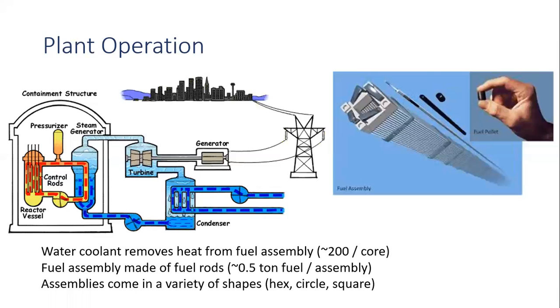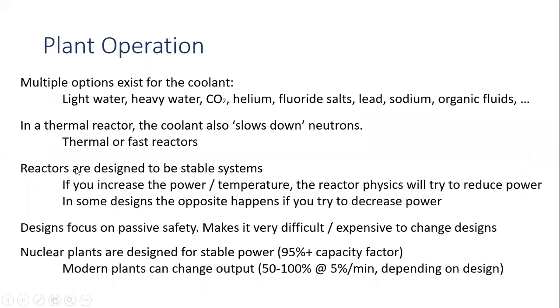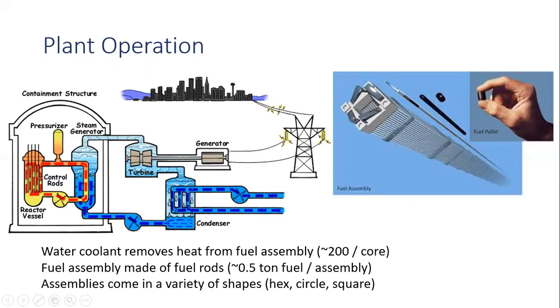By using this heat energy, the water is converted into steam. That steam is given to the turbine blades, and therefore the turbine blades are rotated.